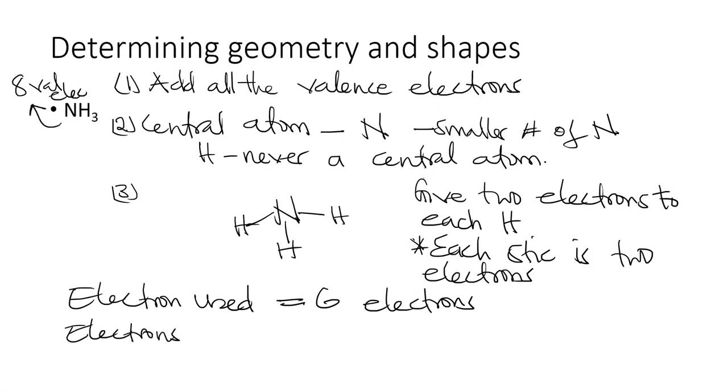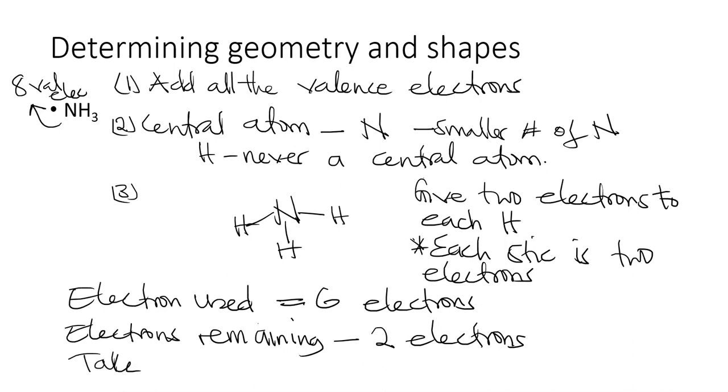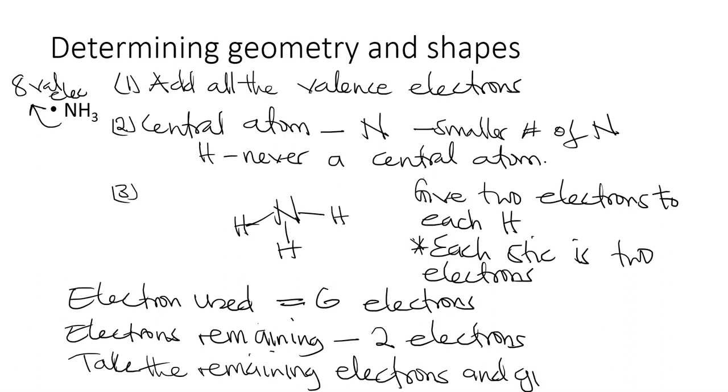Electrons remaining, we are remaining with 2 electrons. Now the rule says take the remaining electrons and give to central atom. So we just take the 2 remaining electrons and put them here.